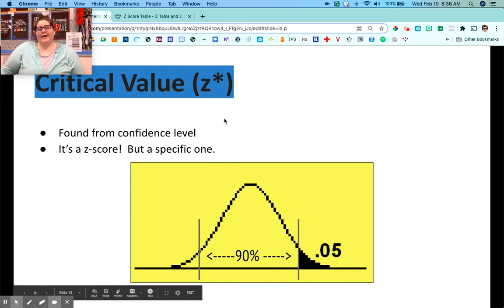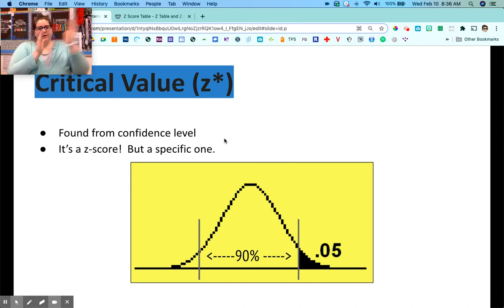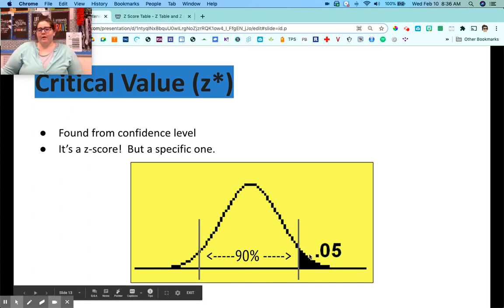Basically, our z-star in that case would be 1.65. Remember, we're going to add and subtract our margin of error. So in terms of plus versus minus, it doesn't really matter because you're doing both. But you could also look up the upper one. 0.05 is above, so 0.95 would be below.